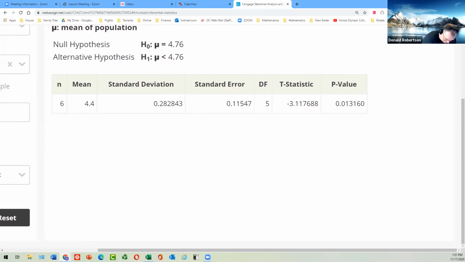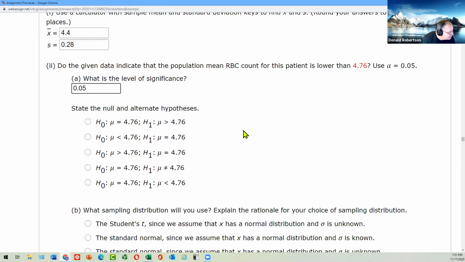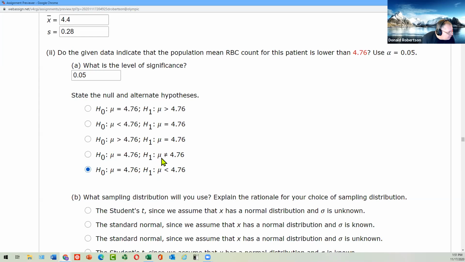And I'll write this number down. The t statistic is negative 3.12, and the p-value is 0.0131. So back to this question, significance level was 0.05. The less than is that one.